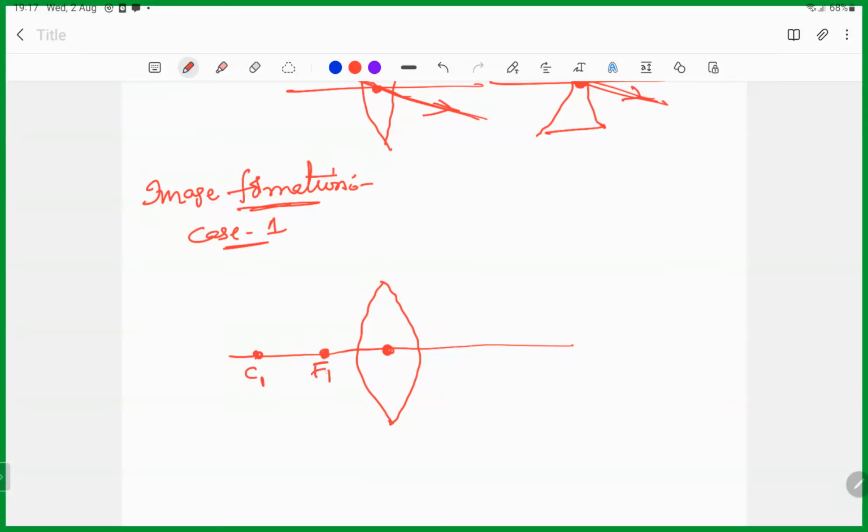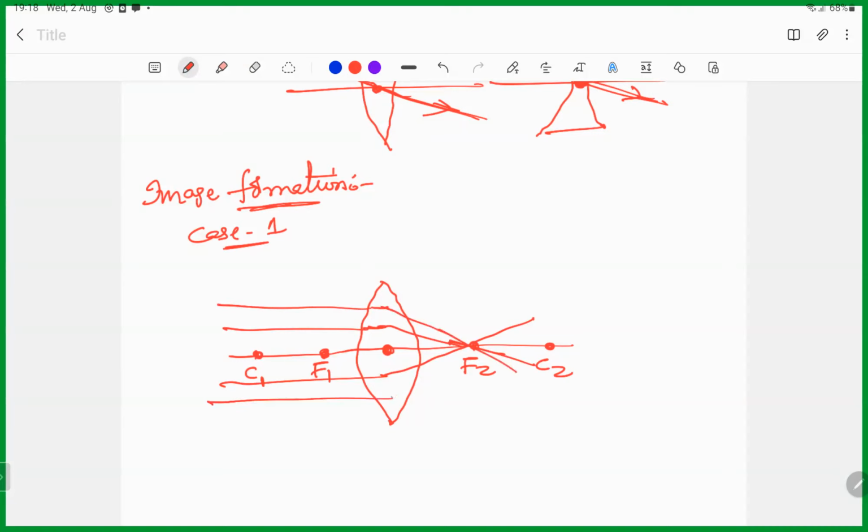C1, F1, F2, C2. So if the object is at infinity, then they will always focus at the focal point. So what is happening here?